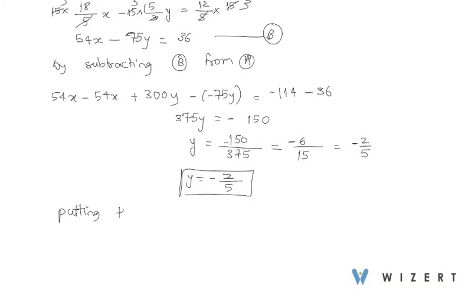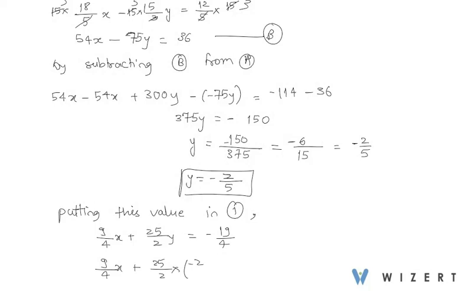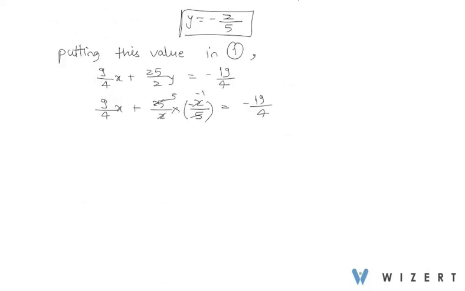Putting this value in 1, we get 9 by 4x plus 25 by 2 into minus 2 by 5 equal to minus 19 by 4. 5 5s are 25, 2 1s are 2, so this is minus 5. So we get 9 by 4x minus 5 equal to minus 19 by 4.